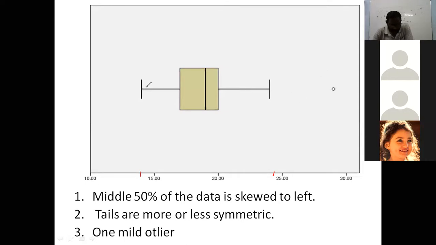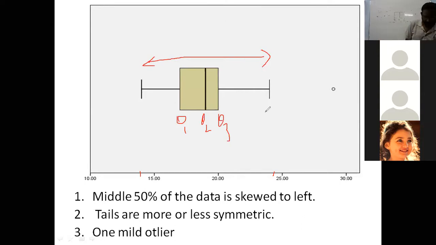So you see, almost 100% of the data are falling into this category. What can you say about our quartiles? This is Q1, this is Q2, this is Q3. Is it symmetric? What can you say about where it is skewed?